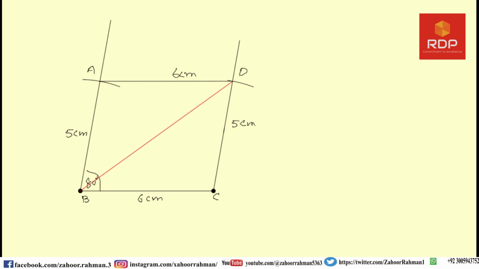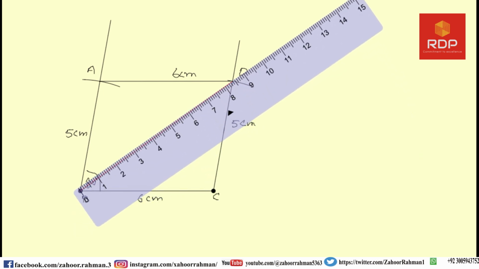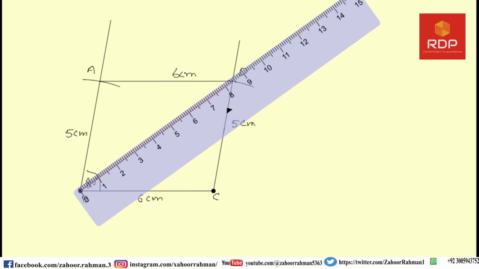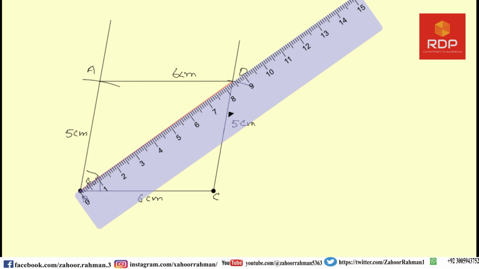Because we took a reduced scale, we will multiply the answer by 2, and then we will get the original answer. Let's do that and find the value of this side, which is almost equal to, if I am not wrong, 8.4.